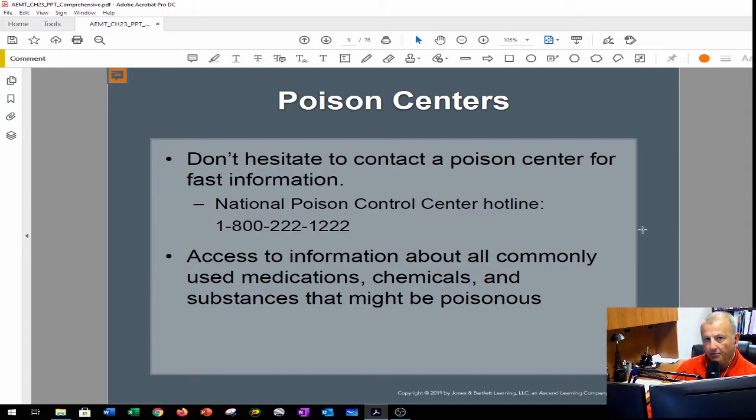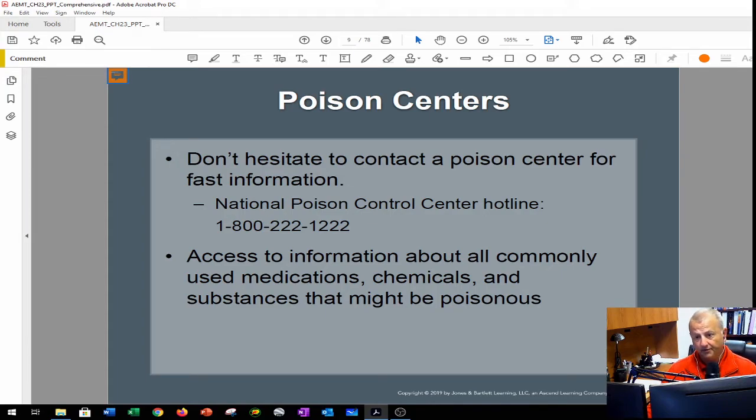So here's that number for the Poison Control Center. It's a 1-800 number. You can use that, but we usually would just route you straight to Grady, honestly. When should we contact them? Well, if we have a stable patient and time permitting, sure, call them up.